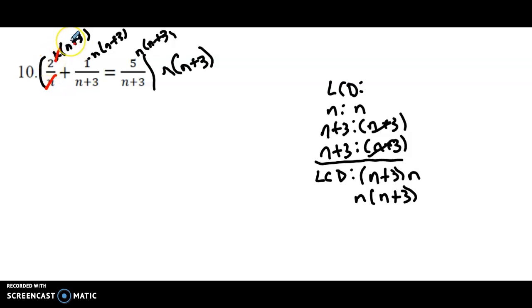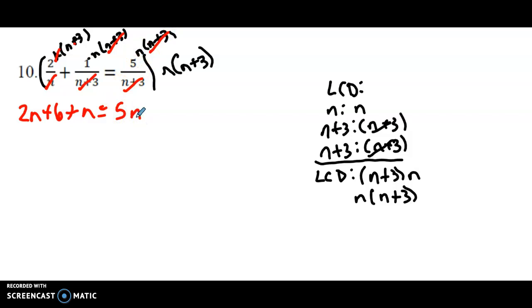So I'm going to do 2 times n, which is 2n. 2 times +3, which is 6. The n plus 3's will cross off here. So plus 1 times n, which is 1n, equals. The n plus 3's will cross off here. So I'm going to get equals 5n.